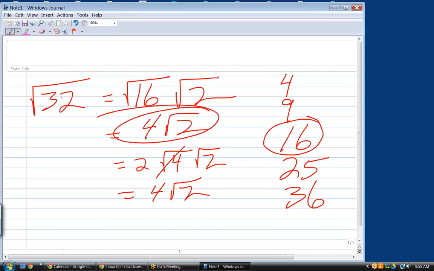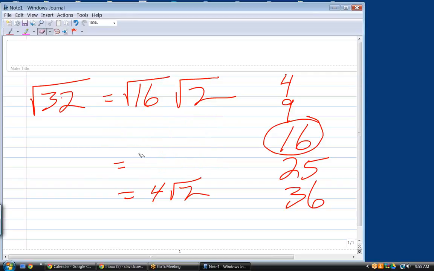So I got there in 2 steps rather than 4 steps. So you're always going to be at an advantage if you can figure out the biggest factor that is a perfect square number.